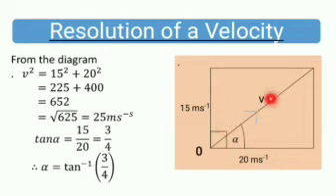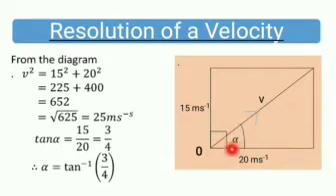Now, to find v, this velocity here, we use Pythagoras theorem, because this is a right angle triangle already. Is that clear?